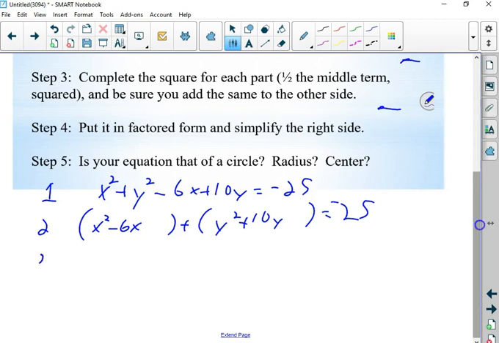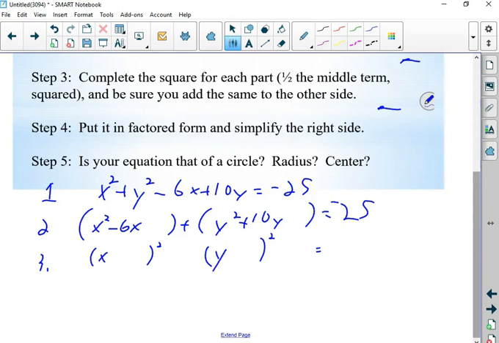Now step 3. We're going to complete the square. Now there's a little trick to this. Do you remember from algebra? But we're going to end up with this. Okay? So here's what you do. You write the x, you write the y. Now we're going to take half the middle term.